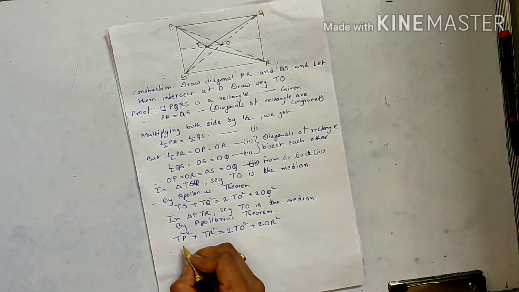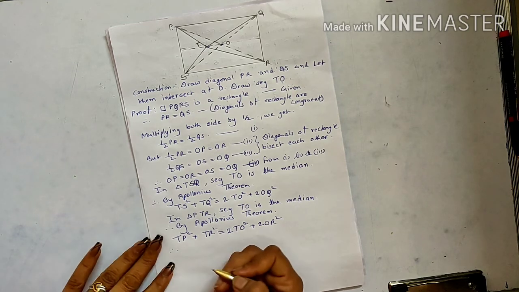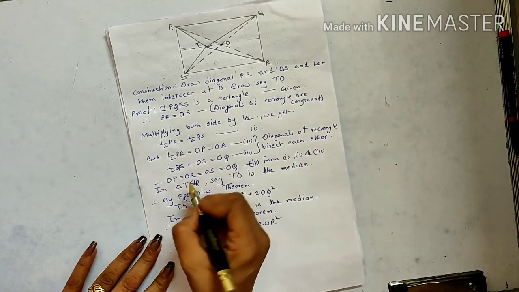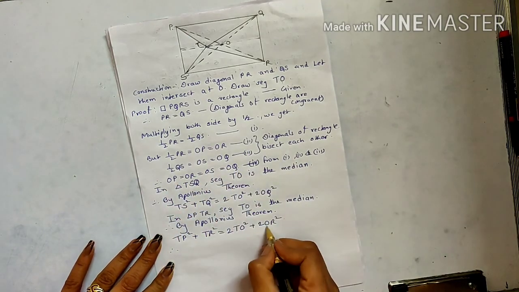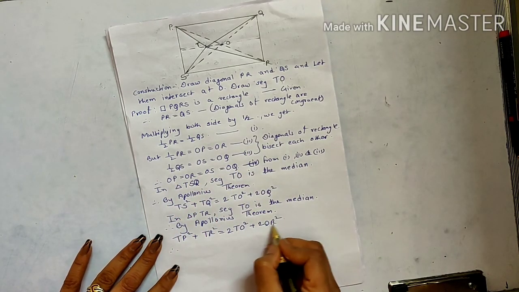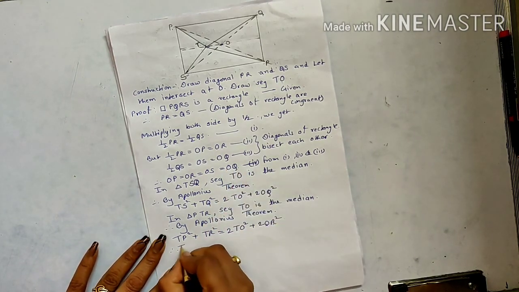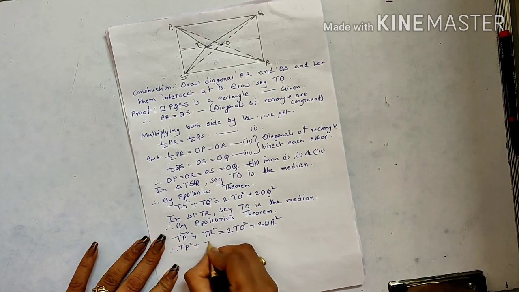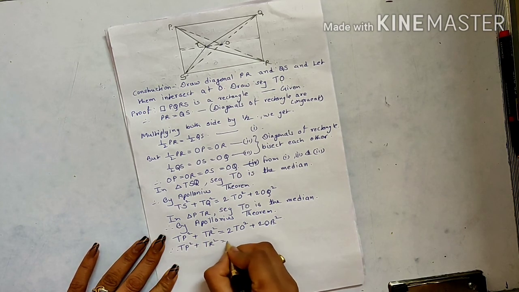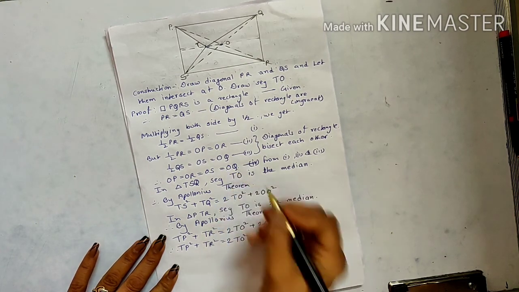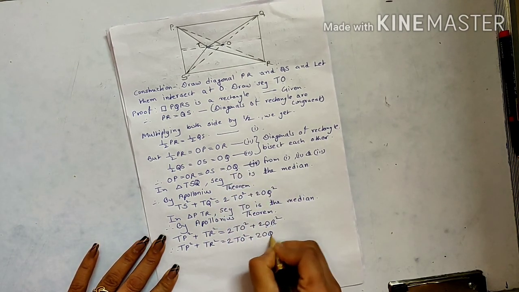Now from 4, OR we can write as OQ. So let's substitute: TP square plus TR square equals twice TO square plus twice OQ square.